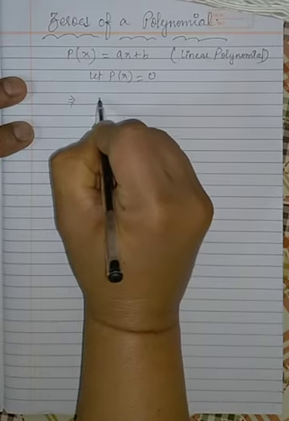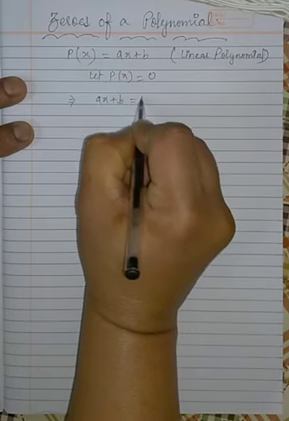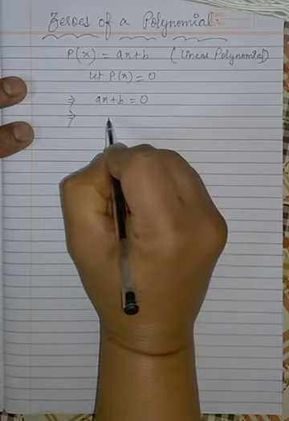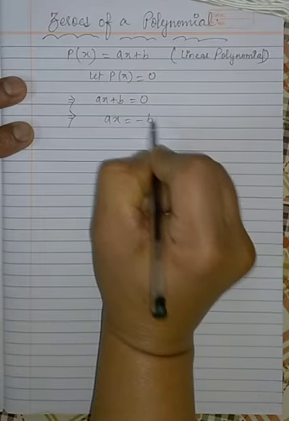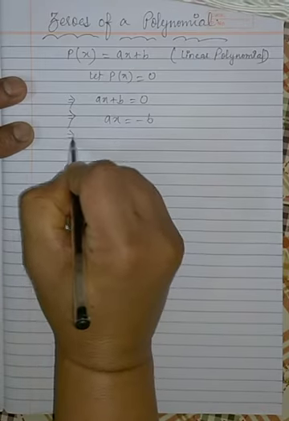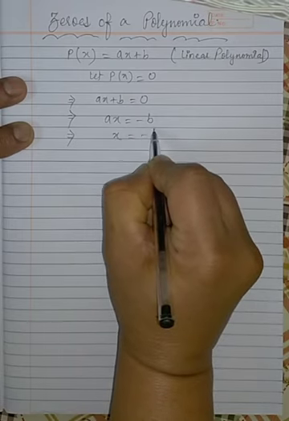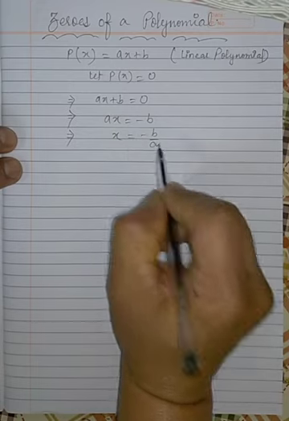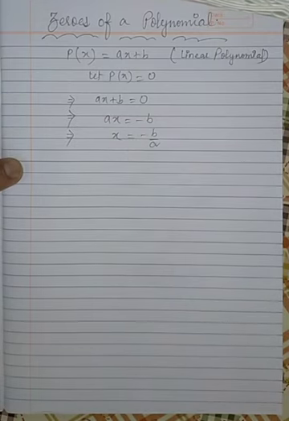That implies ax plus b is equal to 0. That gives you ax is equal to minus b, and that implies x is equal to minus b upon a. So x is equal to minus b upon a is the zero of the polynomial.